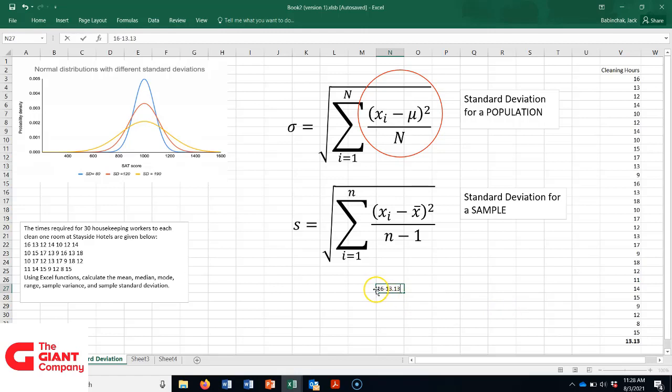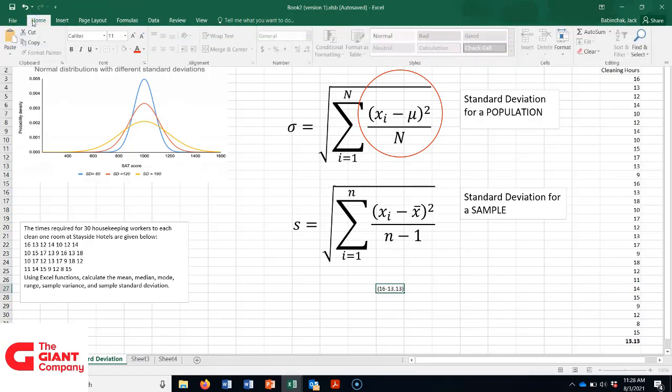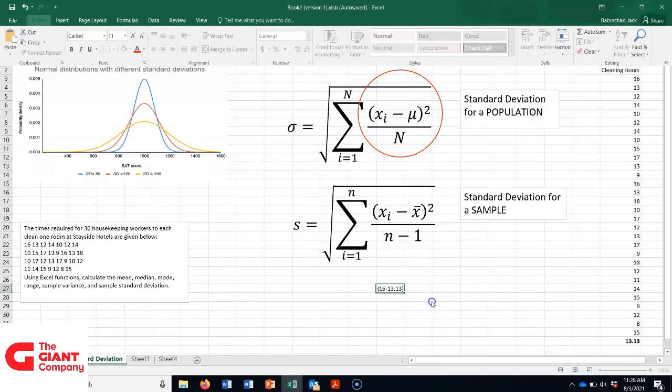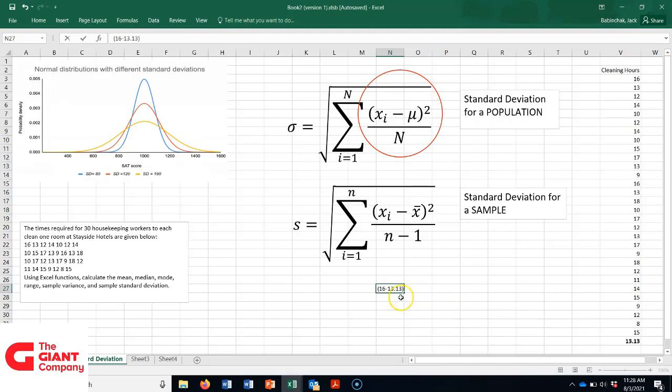Okay, and then what I would do is I would do that calculation first, 16 minus 13.13, and then I would square that. So 16, which is the first observation, minus the population average, which is 13.13, do that calculation.